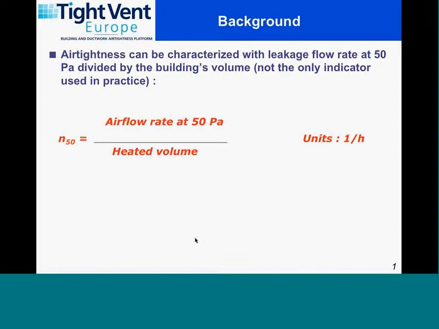So the N50 is basically the airflow rate at 50 pascal when you pressurize the building, divided by the heated volume. You pressurize the building by sealing all voluntary openings, and then all the flow that is needed to pressurize the building is actually a leakage airflow rate. That's not verified, but there may be some issues actually to measure this, but it's possible in any case.